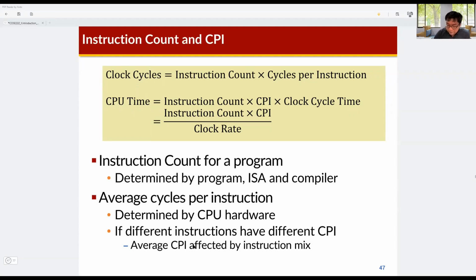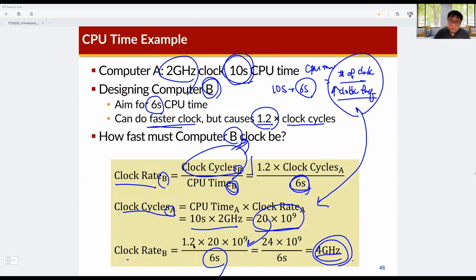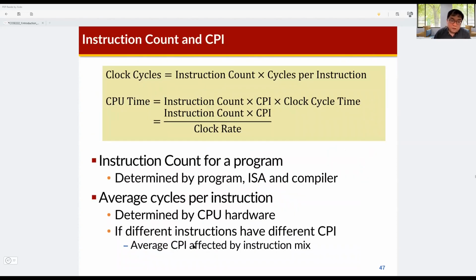And then we will extend this equation for the CPU time. We can calculate the clock cycles as instruction count multiplied by cycles per instruction. So why do we use this notation?